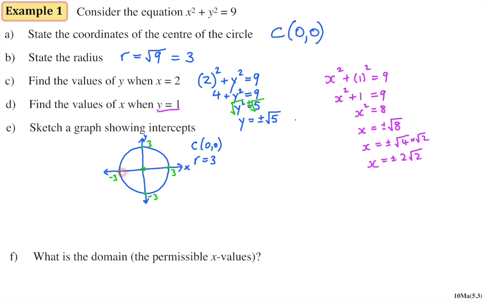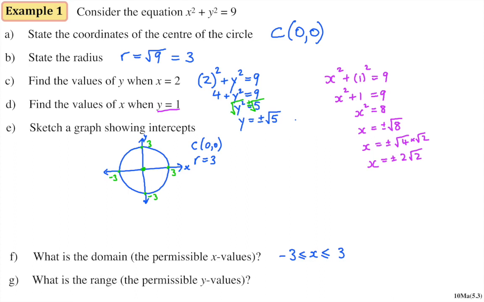Is there a value of x equals minus 5 that actually involves the circle? No. The circle only goes as far to the left as minus 3 and as far to the right as plus 3. So it goes from minus 3 to plus 3. And remember, the domain or permissible x values talks about x. And when we're talking about between minus 3 and plus 3, that's how we write the domain.